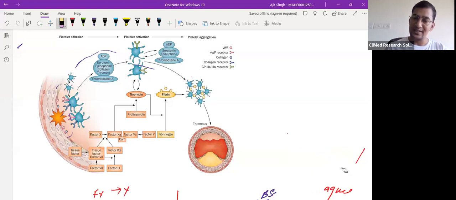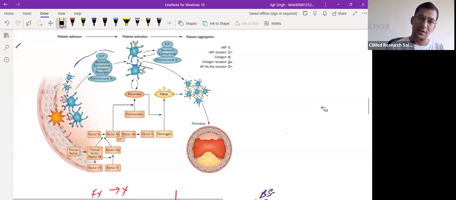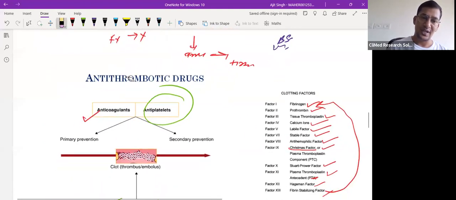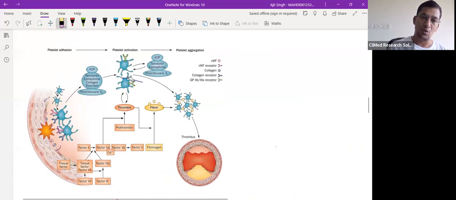So now tell me, guys, look at this entire picture and tell me where these antiplatelets will work, and where these antithrombotics will work, right? All three, anticoagulants and antiplatelets.